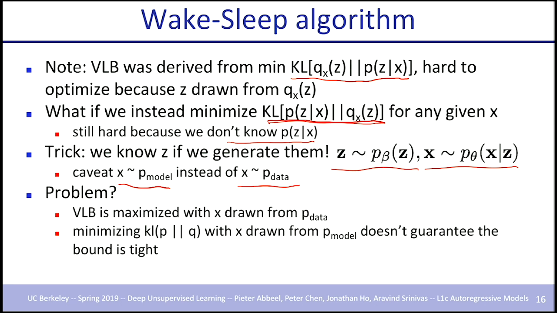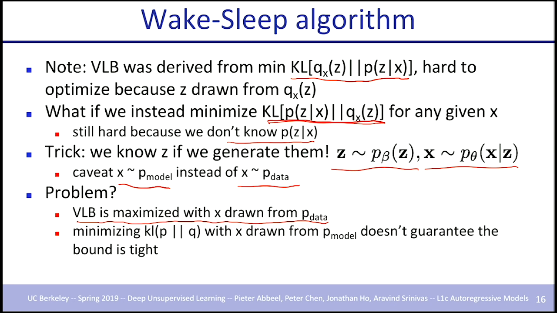Remember, when we use the variational lower bound to maximize the likelihood of a model, we are maximizing the variational lower bound with X drawn from nature as opposed to your model. And when we try to minimize the KL divergence from true posterior to approximate posterior with samples drawn from your model, then it's not guaranteed that you make progress.